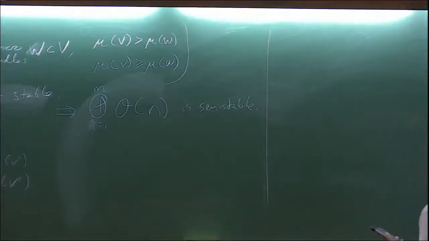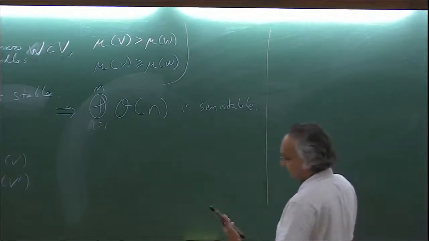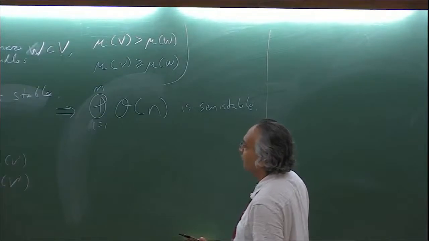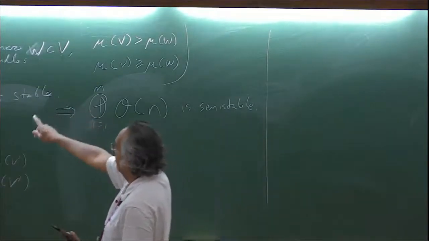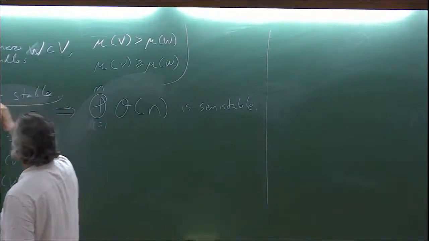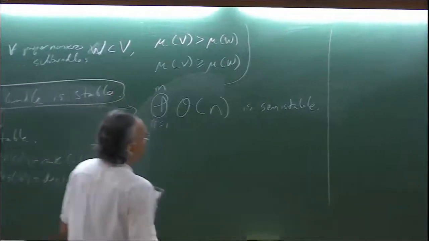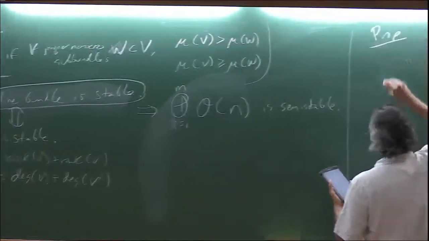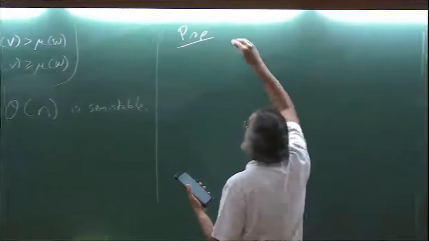There are slightly more interesting examples of stable bundles. I'll come to those in a moment when we start talking about the classification. But first, I want to point out that this basically is enough to deduce the following, which we saw in another guise yesterday.